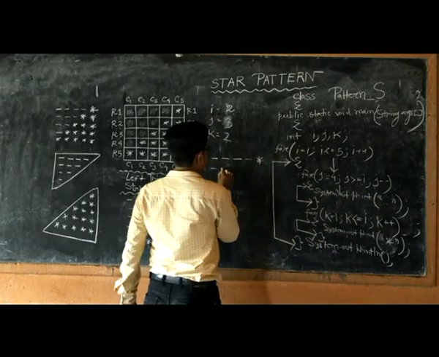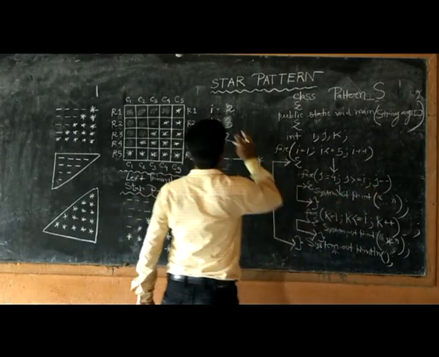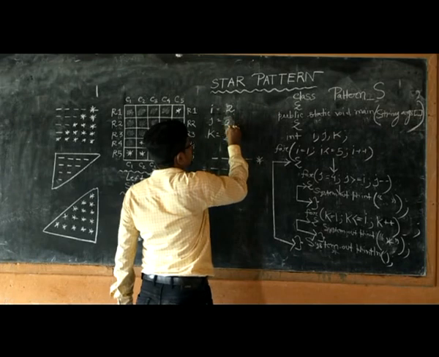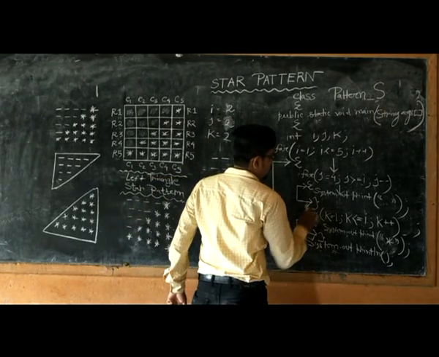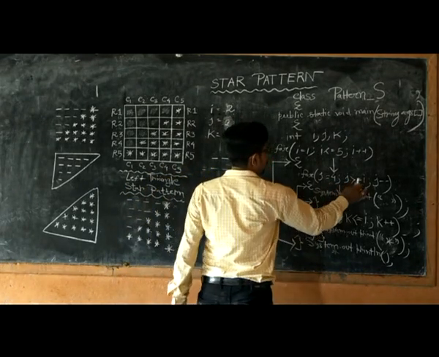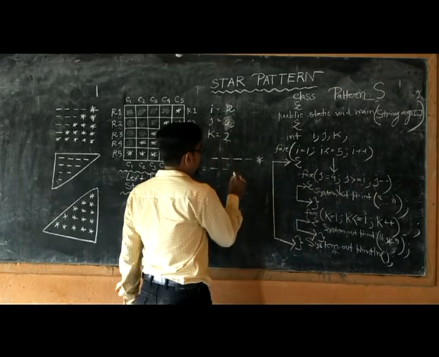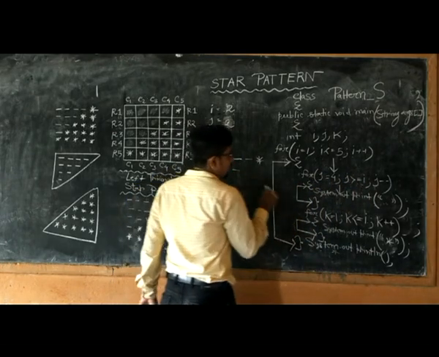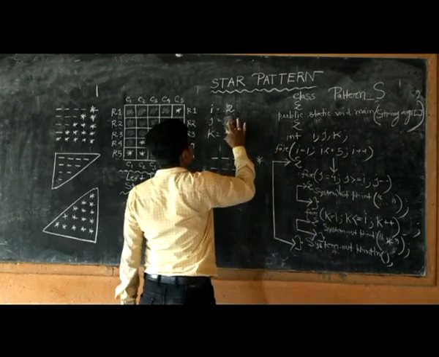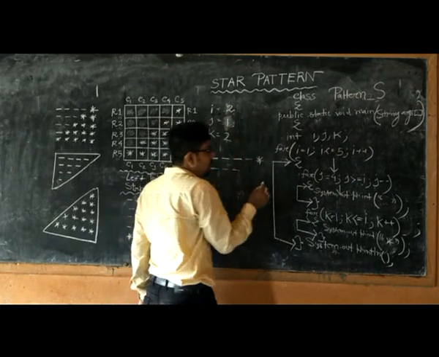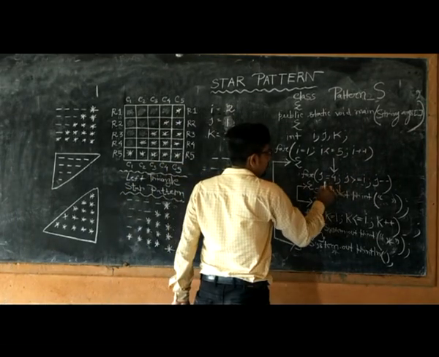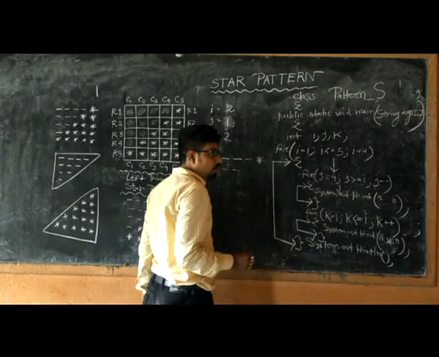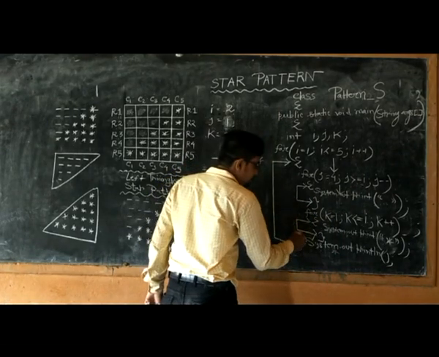Print one more space. j--, j becomes 2. 2 >= 2, condition true, print one more space. Now j--, j is becoming 1. 1 >= 2, condition false. It will come to this section.